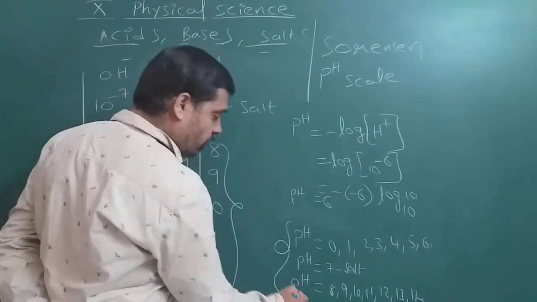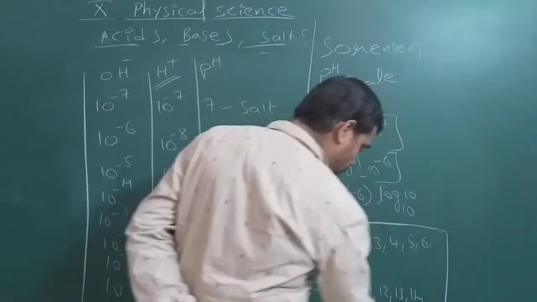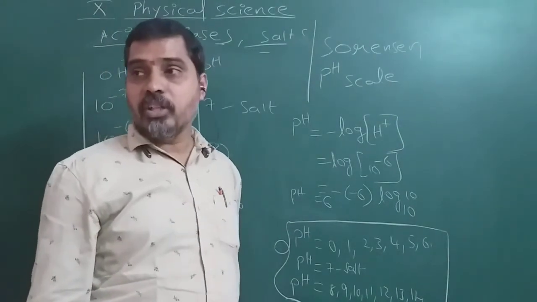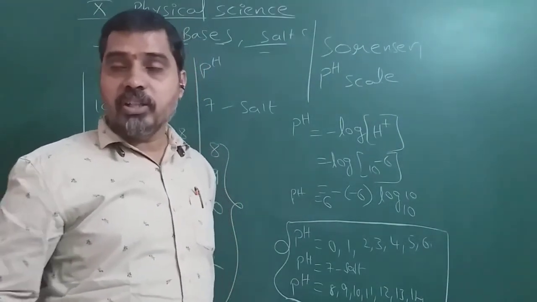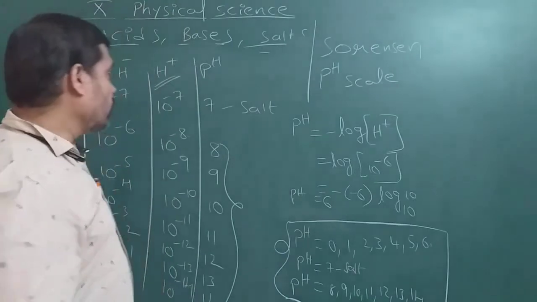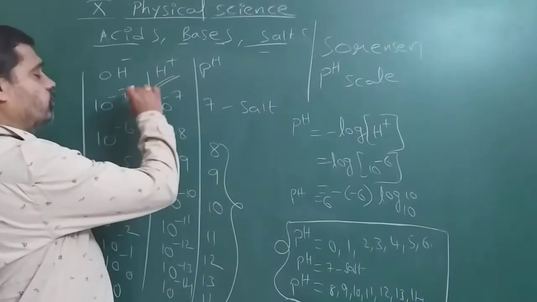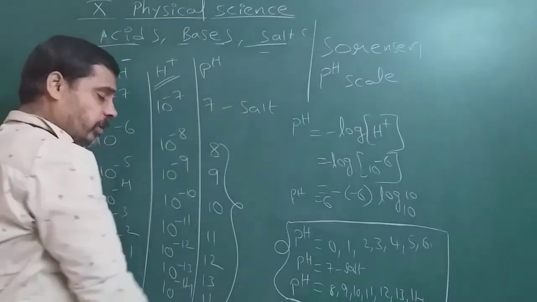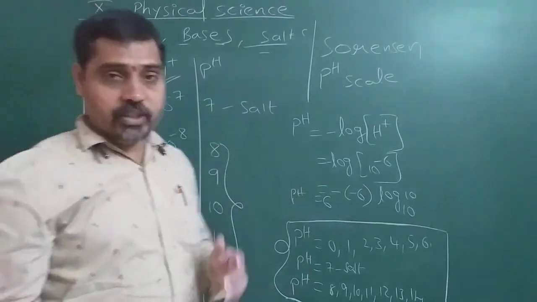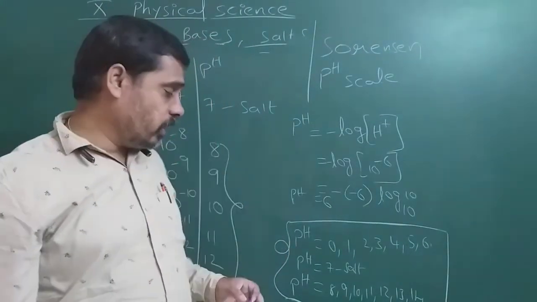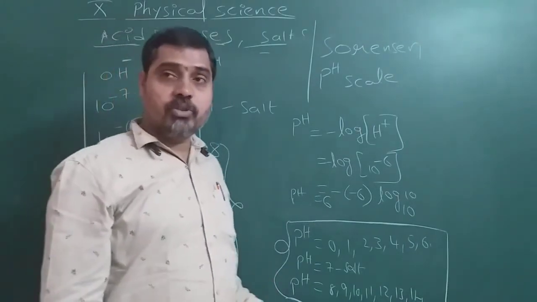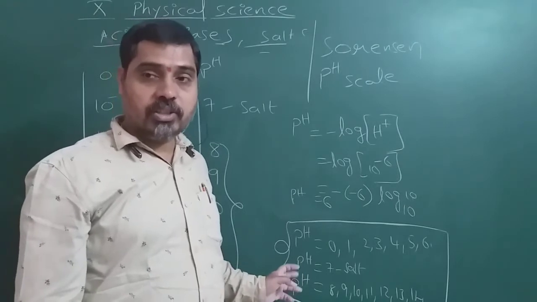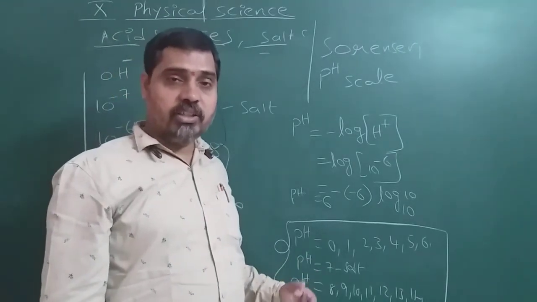In this way, these pH values give an idea about whether given solutions are acids, bases or salts. So, if we know the H plus ion concentration and OH minus ion concentration, then we can find out the pH values. After finding pH values, we can decide whether the given solution is acid, base or salt.